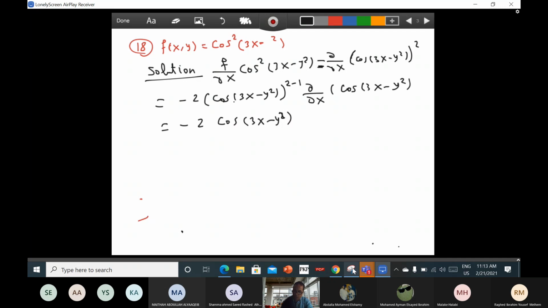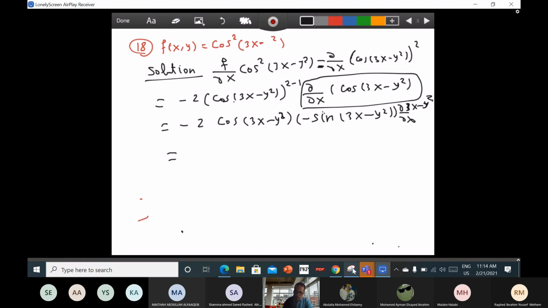How to differentiate this smaller one? What is the derivative of cosine? It is minus sine of the same angle, 3x minus y square. And then I go inside: partial by partial x of 3x minus y square. This is how to deal with it. The big box is a square, the smaller one is cosine, and the smallest one is the angle.